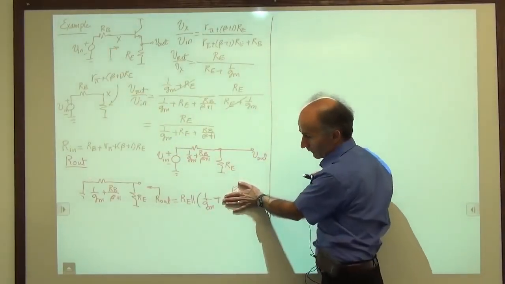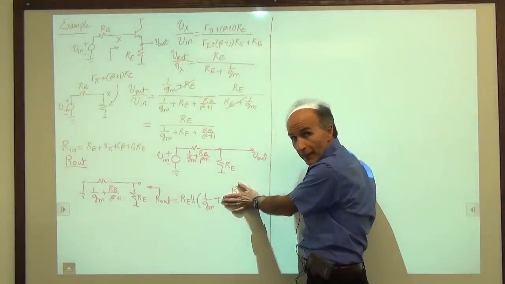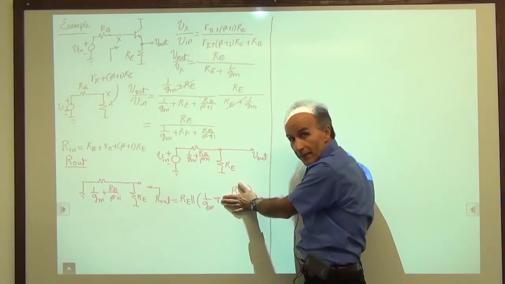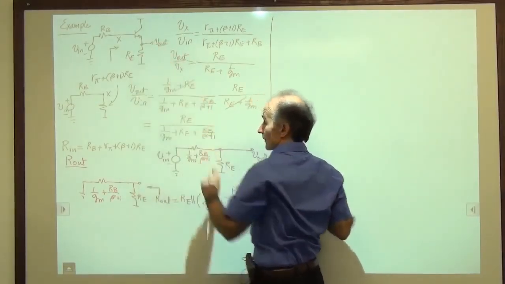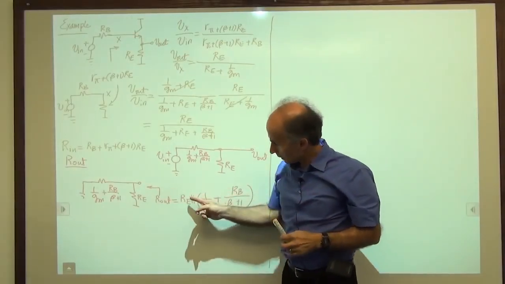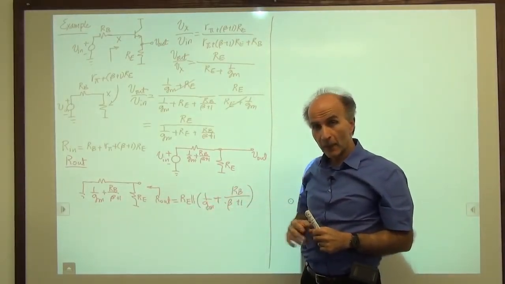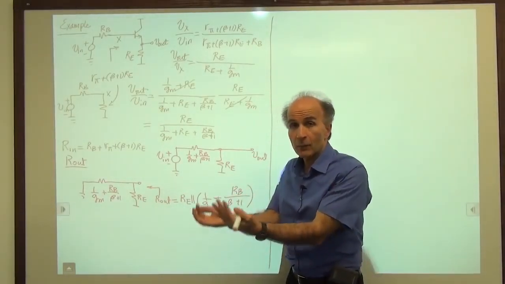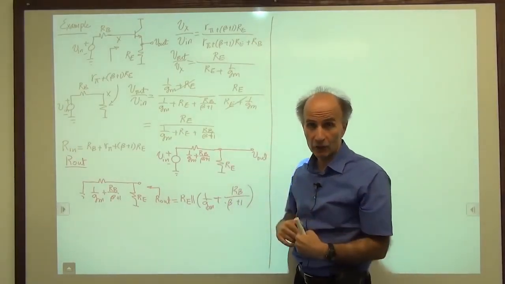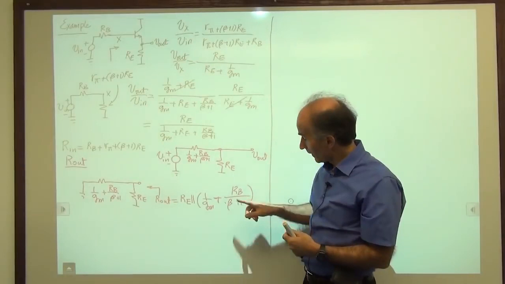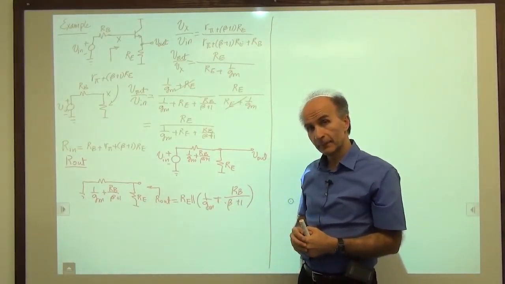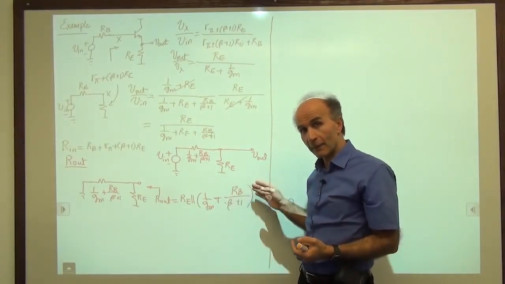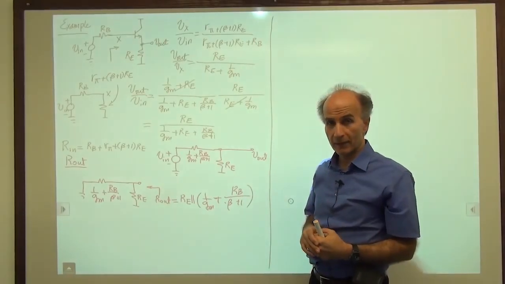If Rb is 0, we have Re in parallel with 1 over Gm, and that's what we had before. But now that we have a base resistance, the output resistance is not just Re in parallel with 1 over Gm. What the circuit does is it takes the base resistance and reduces it by a factor of beta plus 1, and then adds it to 1 over Gm. And then it goes in parallel with Re.